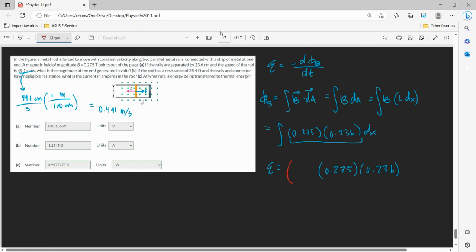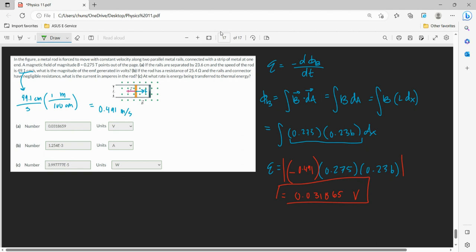Because that is our rate of change of dx over dt. This is going to be negative 0.491, and this gives us 0.031865, and we just want the magnitude. And this is in volts for electromotive force for part A.